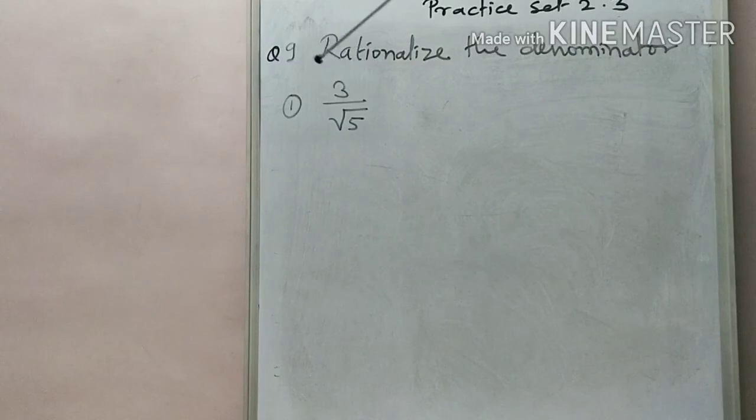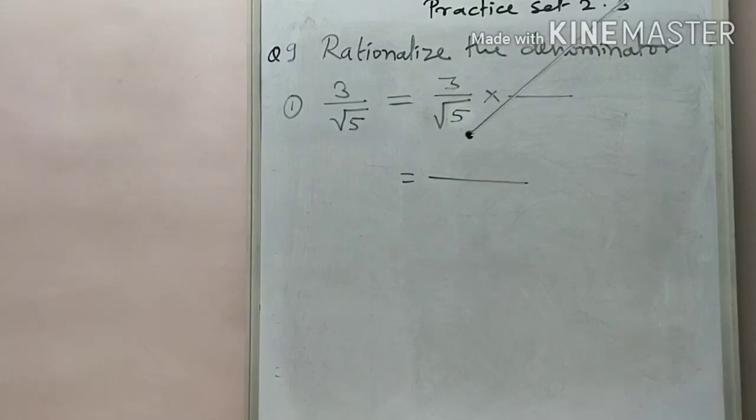Okay, the 9th question is rationalize the denominator. Here in the given number the denominator is an irrational number, and we have to rationalize this denominator. That means we have to convert the irrational number into a rational number, which is known as rationalization. The method is, pay attention over here, you have to multiply the numerator and denominator with the same number such that the product in the denominator gives us a rationalized number.